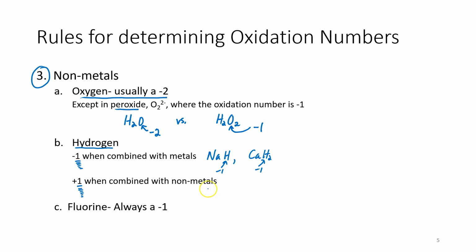So examples might be H2O, H2S, or methanol. These are all nonmetals, or even sugar. Hydrogen, when combined with all of these nonmetals, would have oxidation numbers of +1 in all of these examples. And then fluorine is always a -1, no exceptions there.